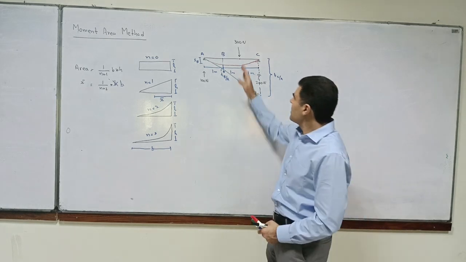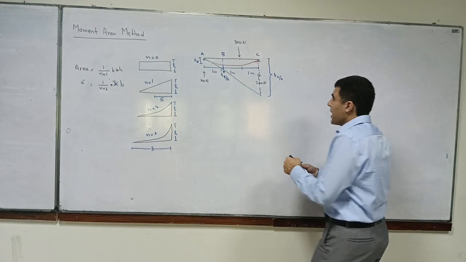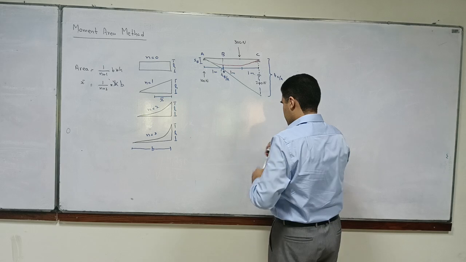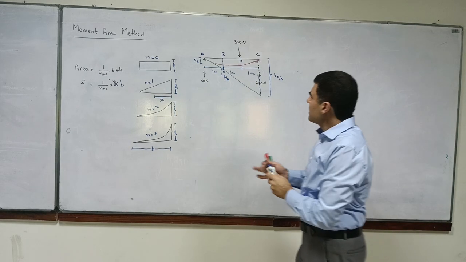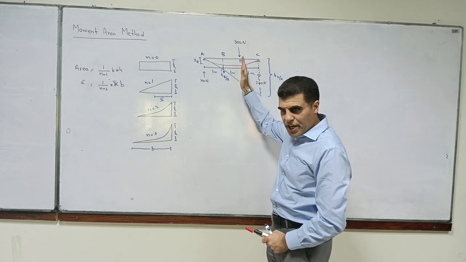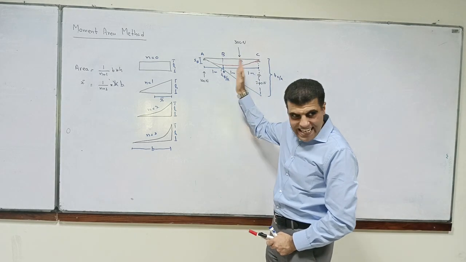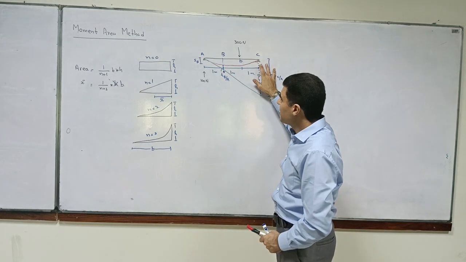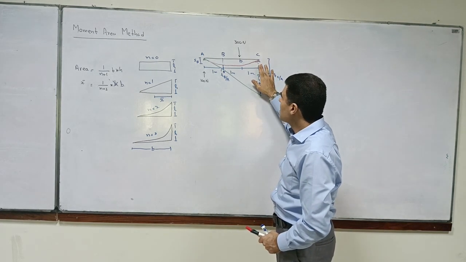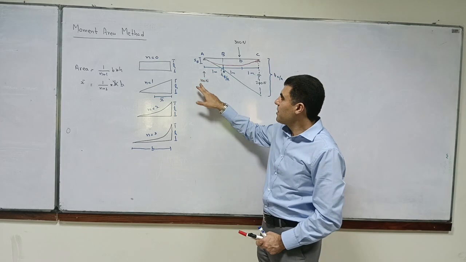Imagine this is A, B, C, and D. If I take D as a fixed point, then I would have C and 100.